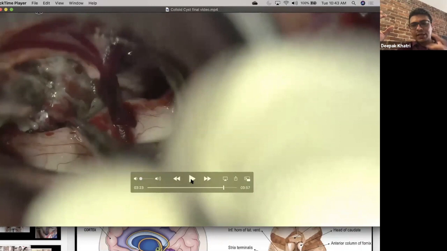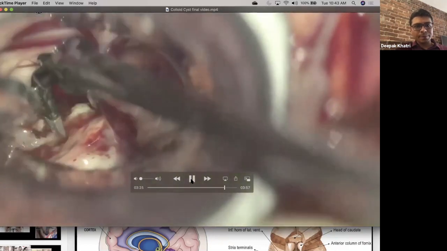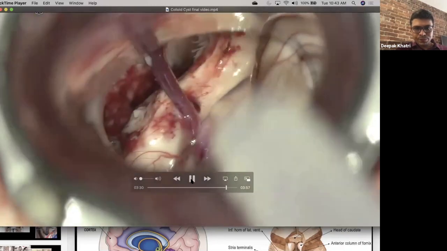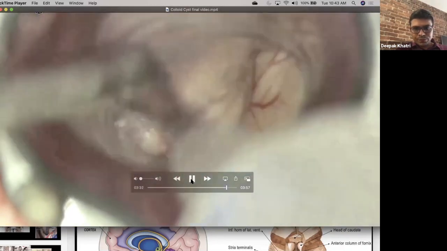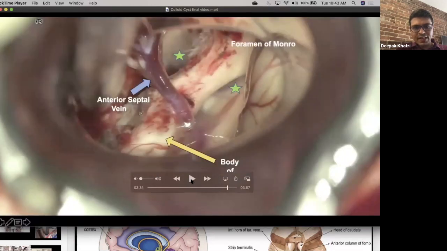If we leave the wall behind, it can cause secretion of the cyst content back into the cyst and it can reform, causing a recurrence of the cyst. So it is really important to remove the cyst wall. And we irrigated with saline at the end to confirm hemostasis.